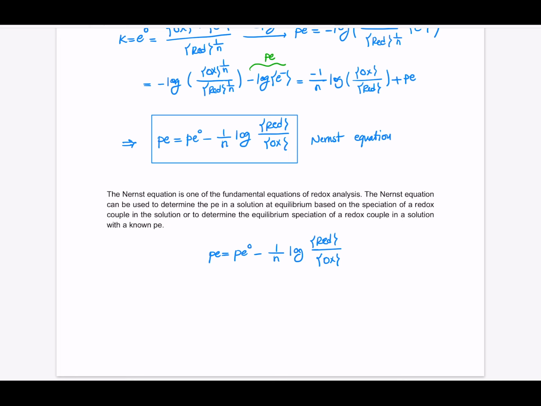So in this formula, this is the activity of electron at non-standard conditions. This is basically the activity of electron at standard condition.